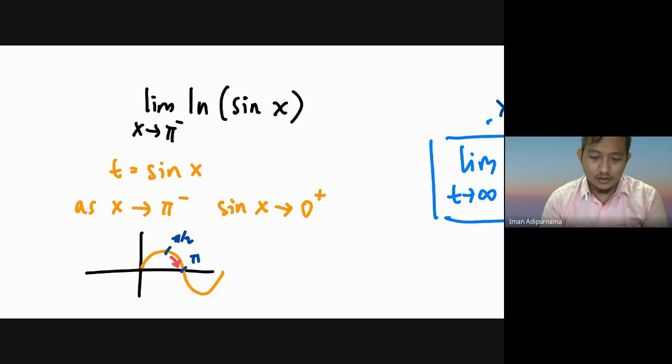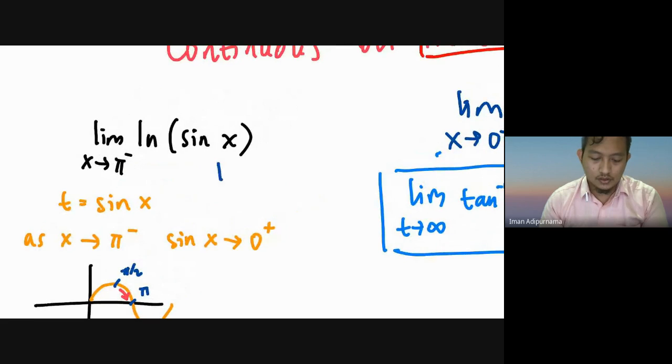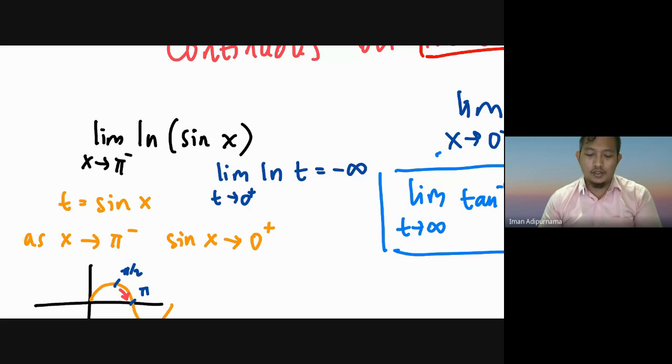So we can write this as the limit as t approaching 0 positive of ln t, and that's why we have negative infinity.